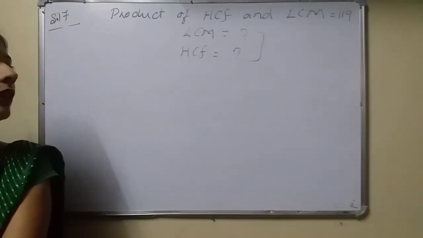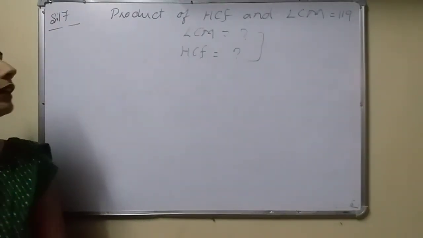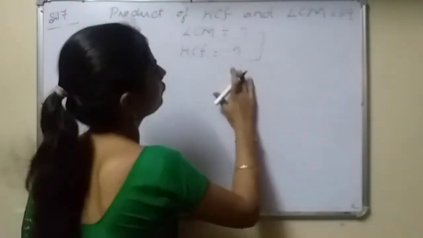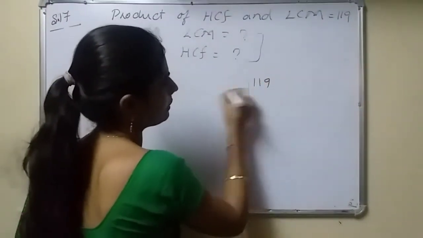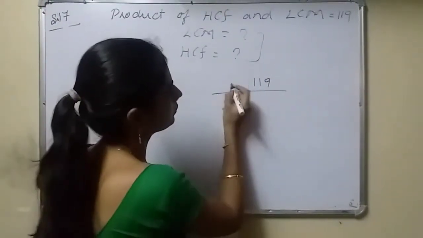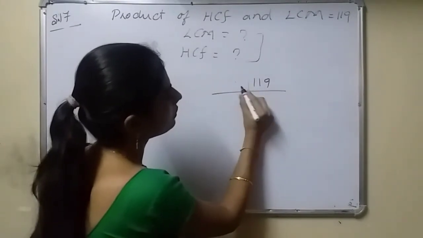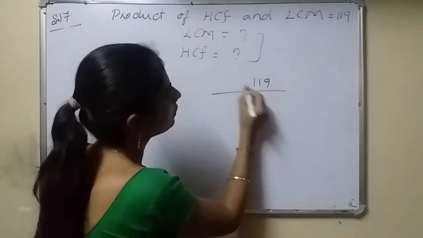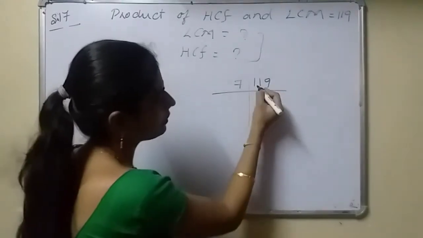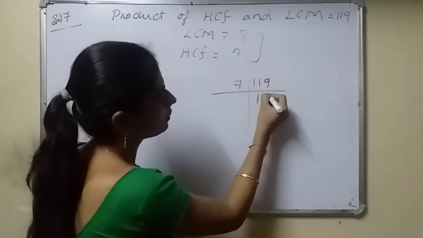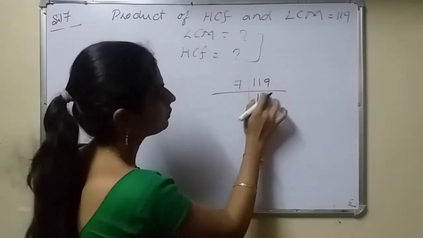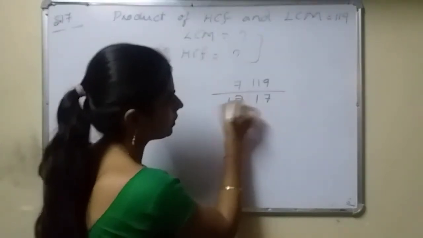For finding one more product, what you have to do? Take out the factors of 119. 7 ones are 7, remainder 4, 17 to 1.